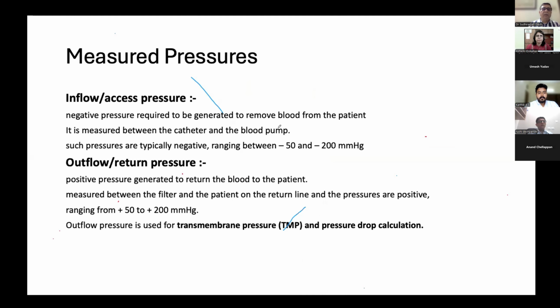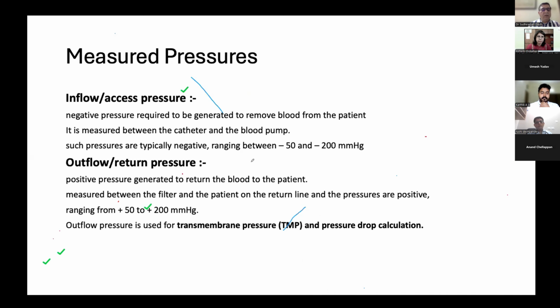So what are the monitors or pressures you have to assess? One is the access pressure, or the inflow pressure. That is basically the blood pump sucking the blood at a rate, and that creates a negative pressure. You have to know that access pressure is always negative. Okay, so it remains between -50 to -200 millimeters of mercury.